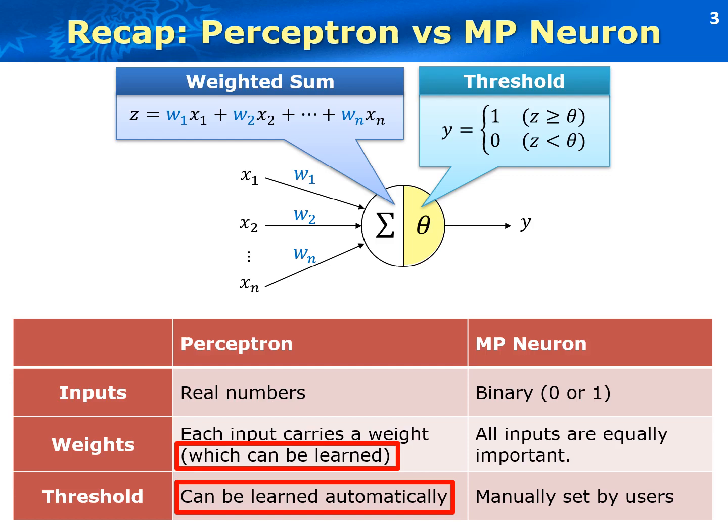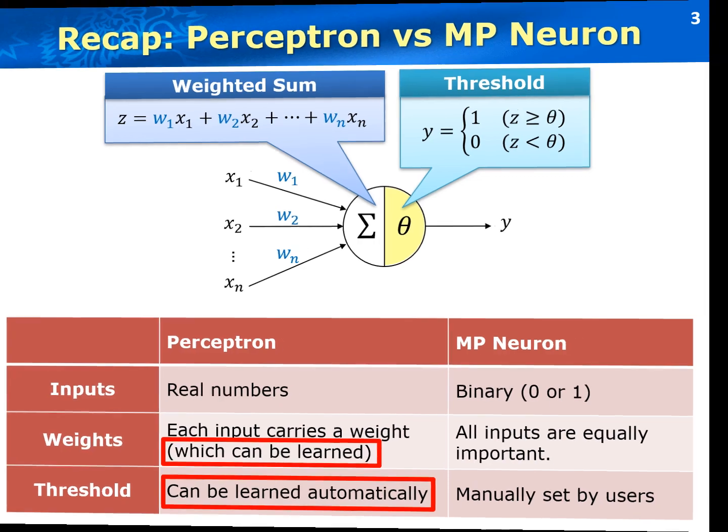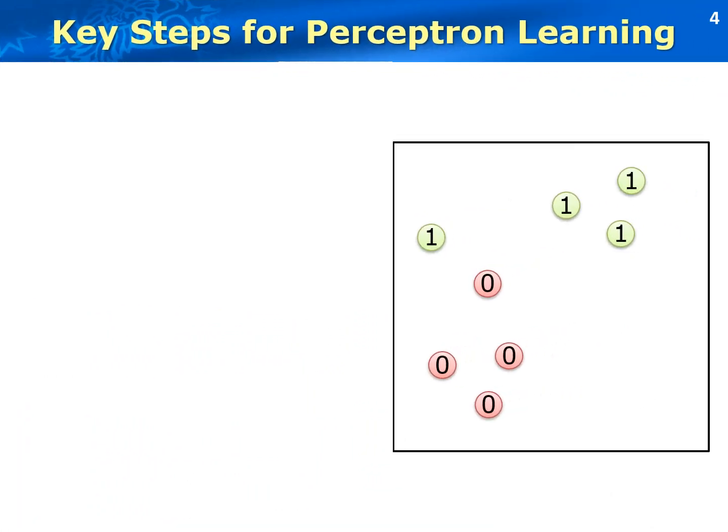I will first give you a high-level description of the main steps for the perceptron learning process, and then provide details for each step. Given a set of labeled data points, the goal of training a perceptron is to identify its weights and threshold values, such that these data points can be correctly classified by the perceptron.